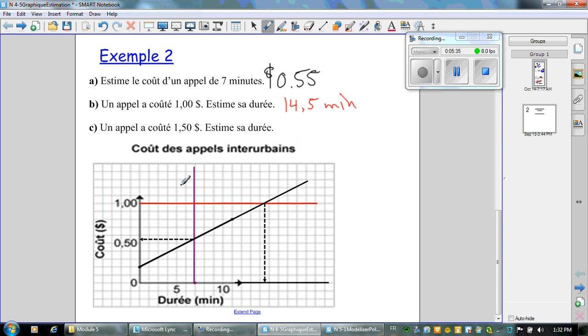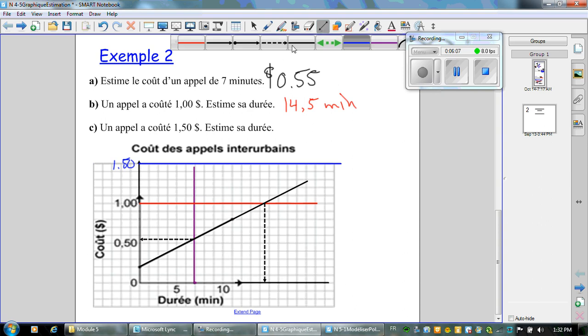Now, we want $1.50. Well, that's not in my graph. We have to extend the y-axis until you get to $1.50. So we have $1, $1.10, 20 cents, 30 cents, 40 cents, 50 cents. It's right at the top. So this point here is $1.50, and you need to extend that. So you need to extend your line until it hits that point.